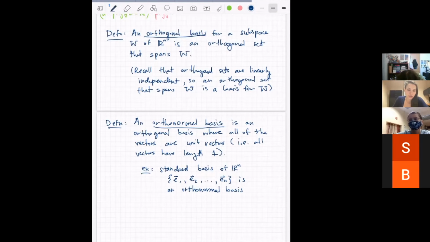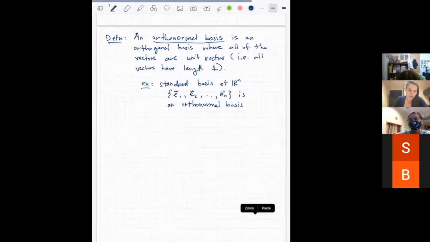And these are really nice because of the following theorem, which we will not prove, but it is in the textbook.